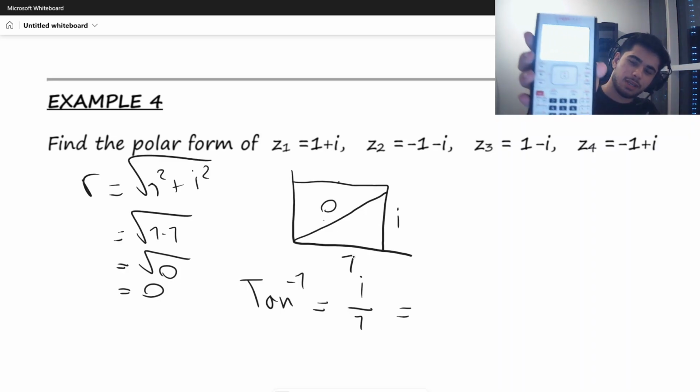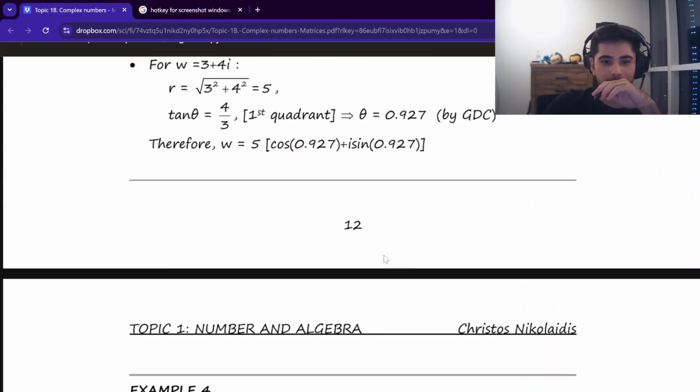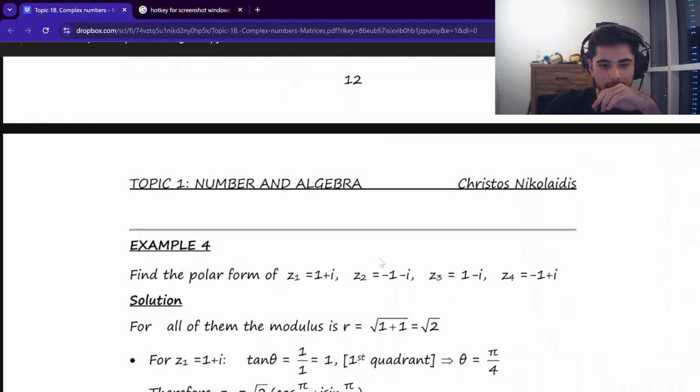Mm, it says undefined times I. Mm, okay, I have no idea. Let's see. So for z, and then tan equals 1 over 1. Why is it 1 over 1?